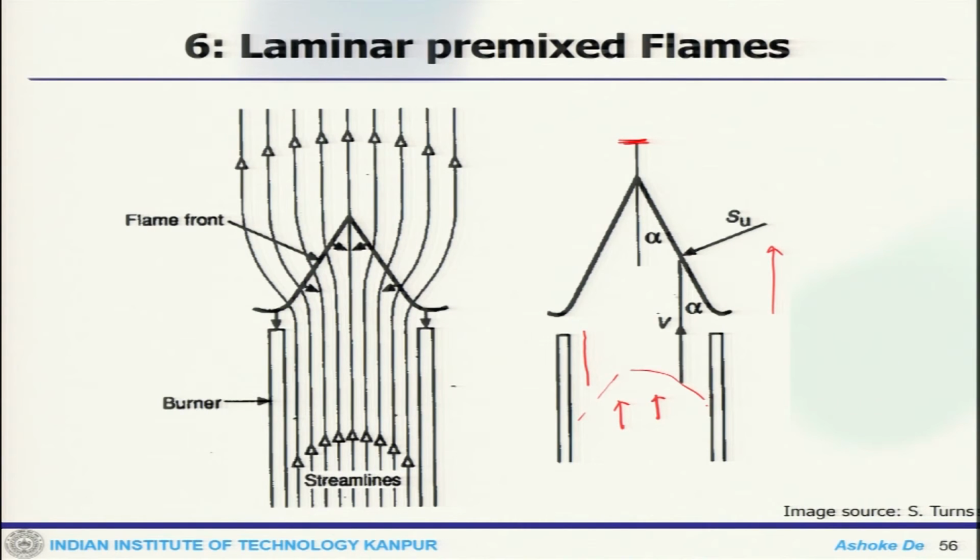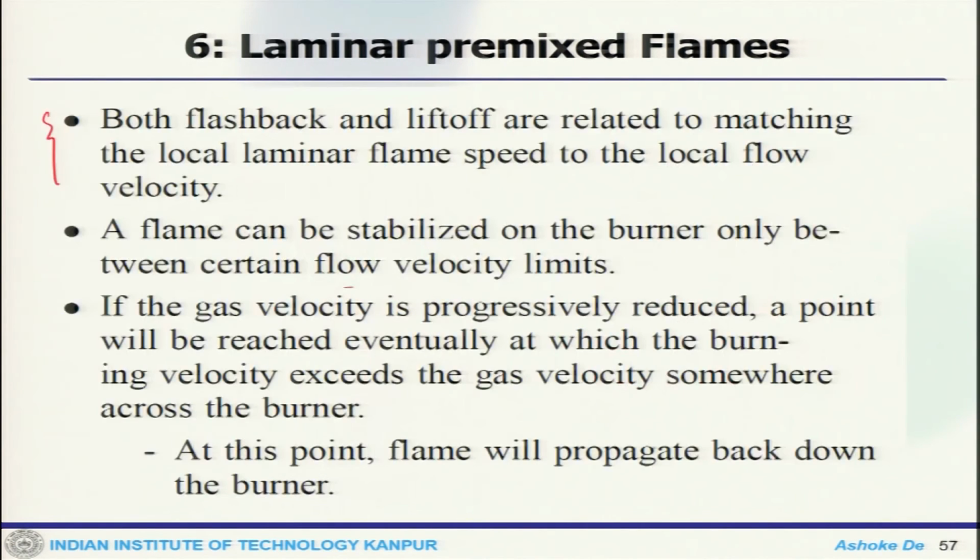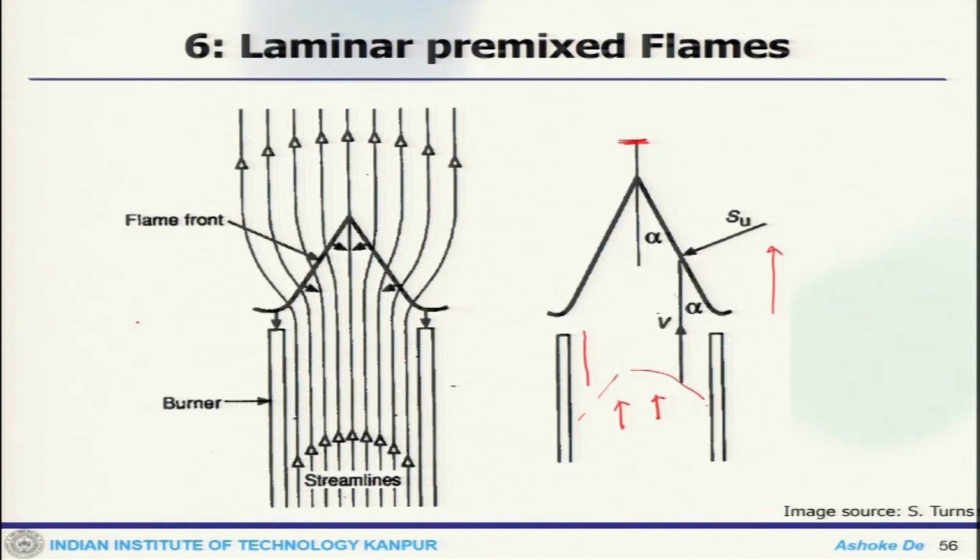So, both of these situations are likely possibilities. So, third is that if the gas velocity is progressively reduced, a point will be reached eventually at which the burning velocity exceeds the gas velocity somewhere across the burner, and this is where the flashback occurs.